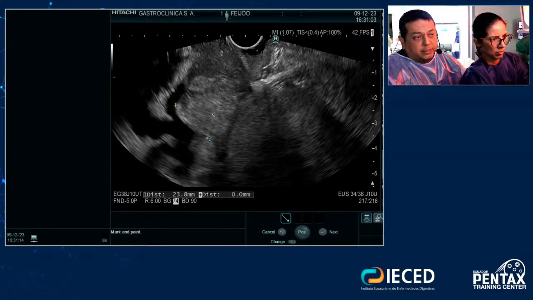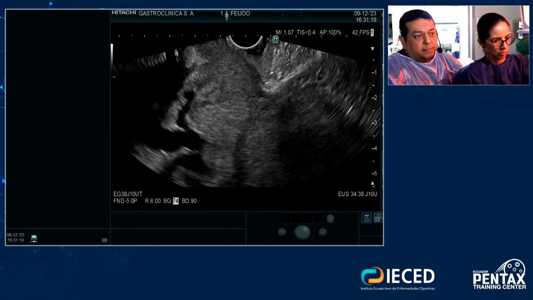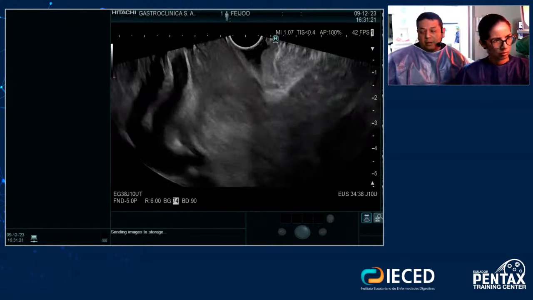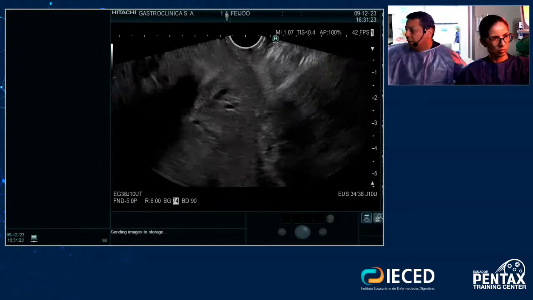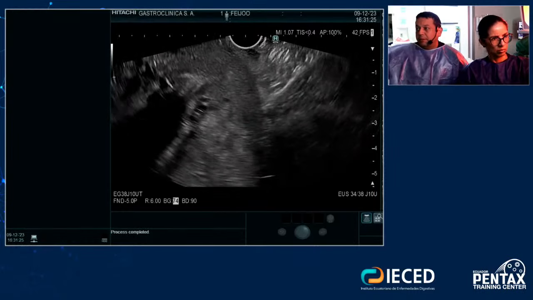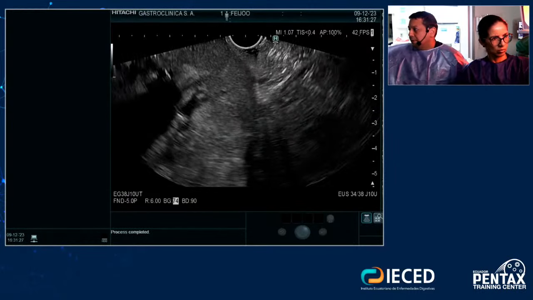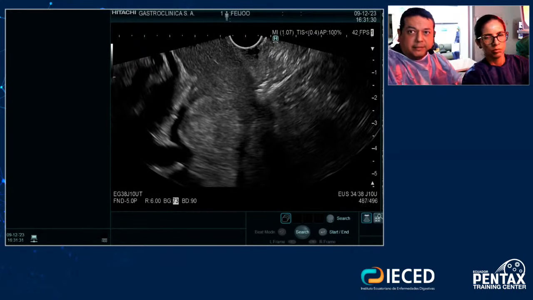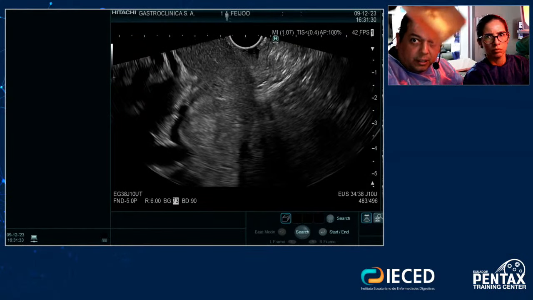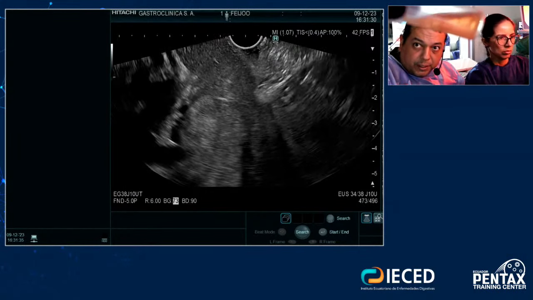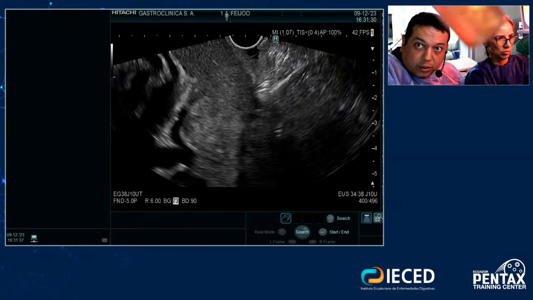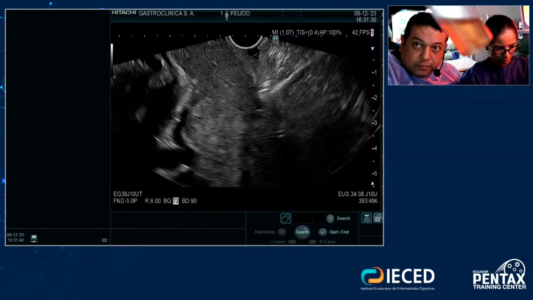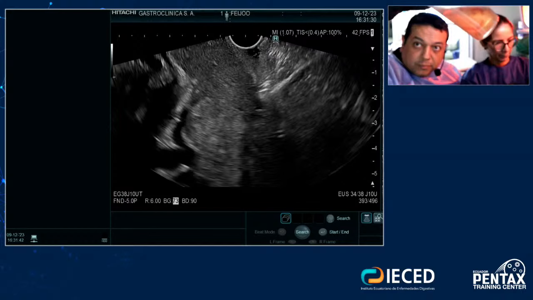We already did a fine needle biopsy from the liver nodules, the metastasis, and from the mass. You can see here the fine needle biopsy, very well performed by Dr. Del Valle. Very good tissue.